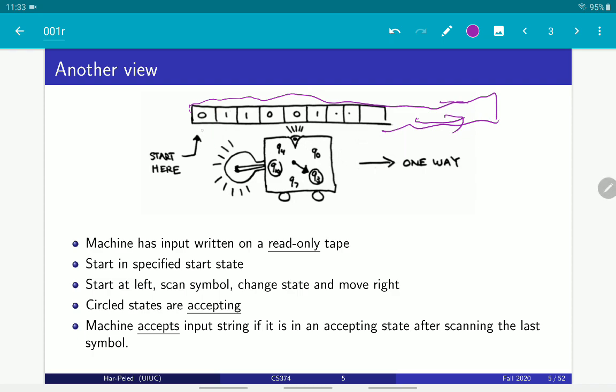The DFA reads a one-way tape. Every time it reads a character, it does some operation: it updates its internal state. Then it moves to the right, reads the next character, and so on, until it reads the last character, and at that point, it stops.